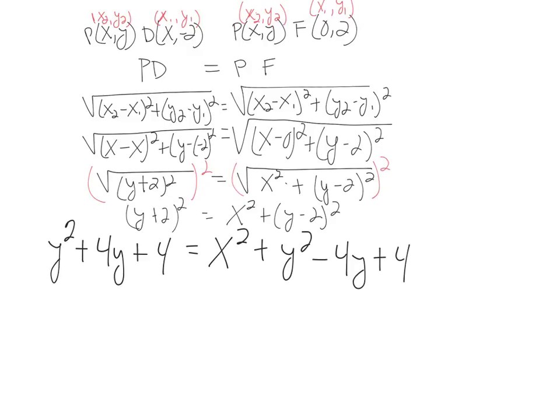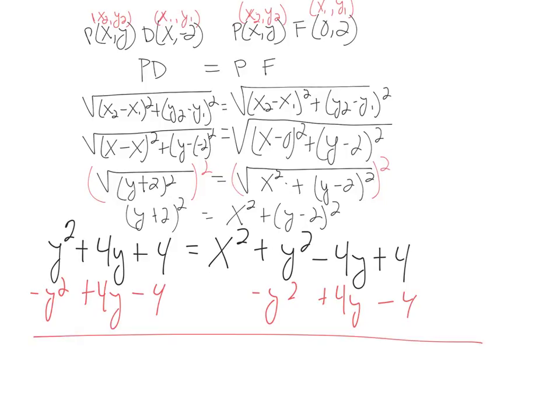From there, we want to combine our like terms. I'm going to subtract y squared from both sides, add 4y to this side, and then subtract 4 over here.